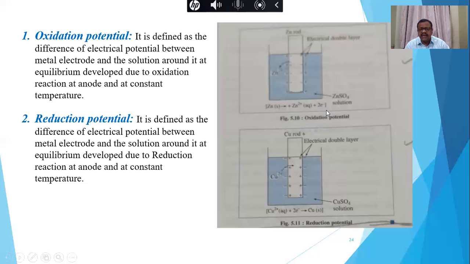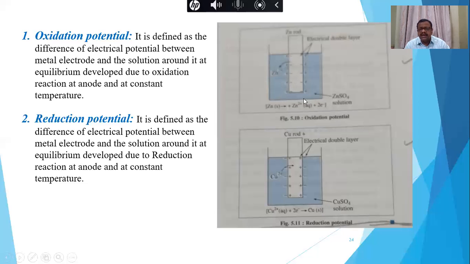As we all know, the zinc rod acquires a negative potential on itself, as electrons are released and a negative potential is developed on the zinc rod.